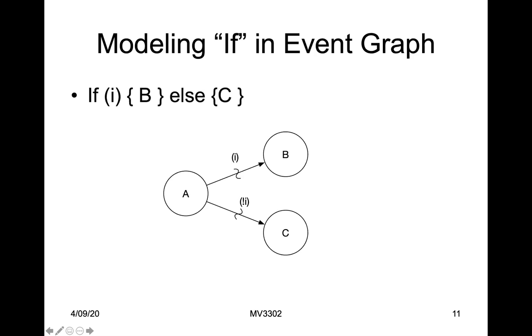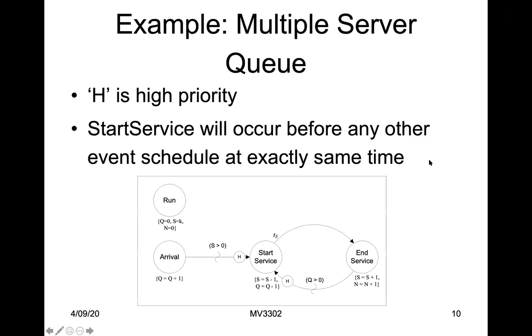Question. I've got a question about the slide before. Is the order important, the condition or the priority, which has to come first? Could you clarify the question? It's difficult for me because of the language.